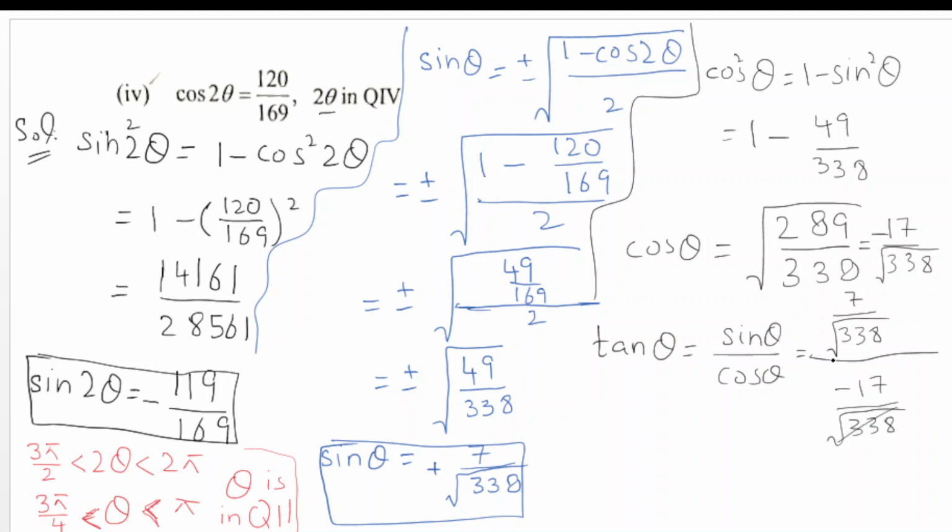As we know, the square root of 338 will cancel out with the square root of 338. So tan theta is going to be negative 7 by 17.